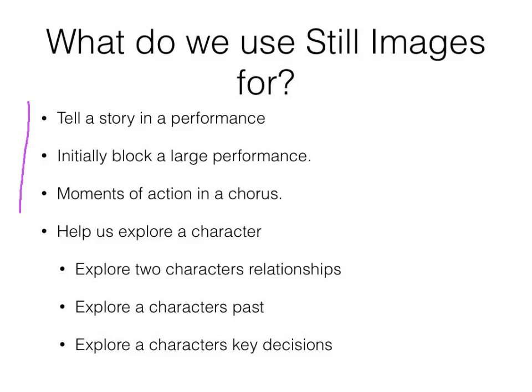We might use still images also to initially block a large performance. Perhaps we might have a series of still images, and over the process of creating the performance we'll turn those still images into action. We also use still images quite a lot when we're creating chorus work, when we think about our school productions.